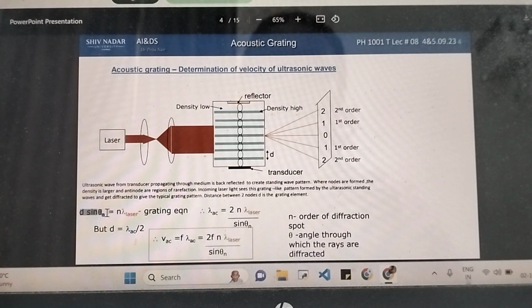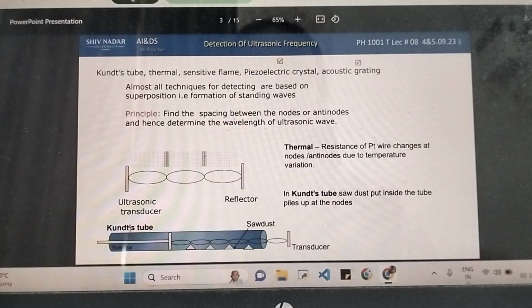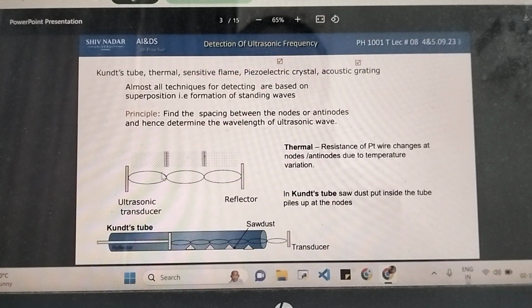Now, d sin theta equals n lambda is an experimentally determined grating equation. But what we need is not lambda laser, we need lambda acoustic. So how do you get that? We saw that d is the distance between two nodes. But we also saw that if you take twice such a d, which is the distance between three nodes, that is our lambda ultrasonic.